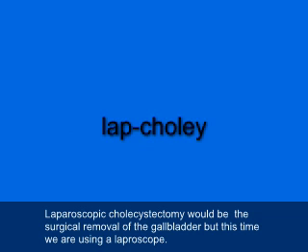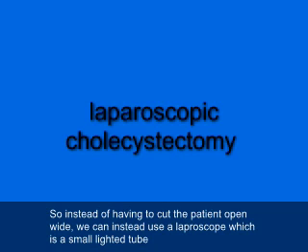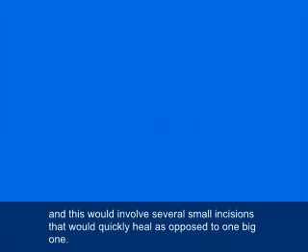Lap-choley, or laparoscopic cholecystectomy, would be the surgical removal of the gallbladder, but this time we're using a laparoscope. So instead of having to cut the patient open wide, we can use a laparoscope, which is a small lighted tube, and this would involve several small incisions that would quickly heal, as opposed to one big one.